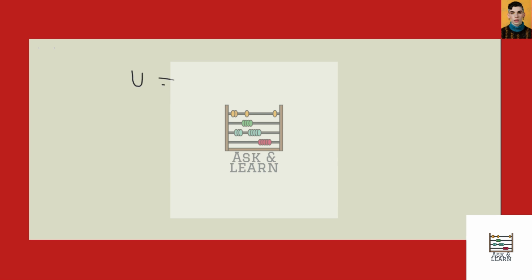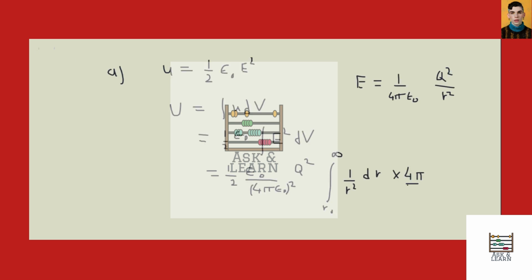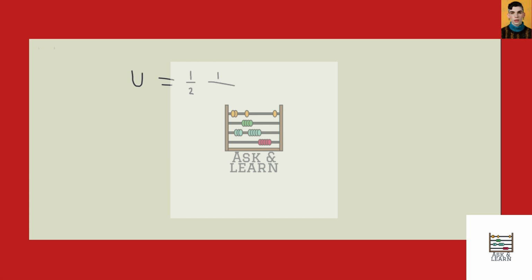u equals half, which was already there. You can see that you can cancel this 4 pi here with the 4 pi here, but it has a square, so one 4 pi remains. Epsilon naught, one of the epsilon naught in denominator cancels with 1 in numerator, so we are left with 1 divided by 4 pi epsilon naught q square divided by r naught.